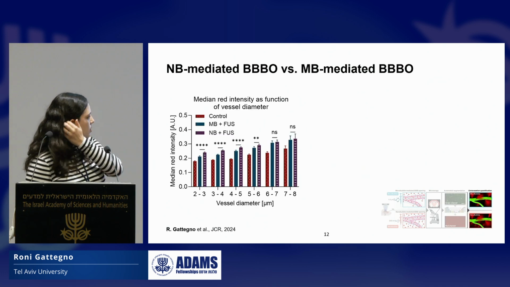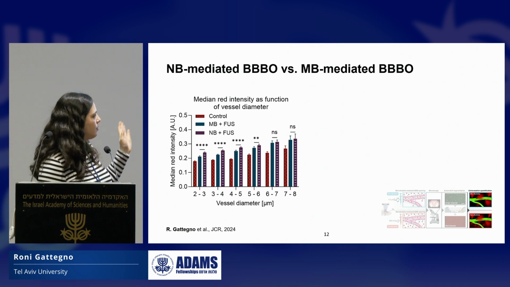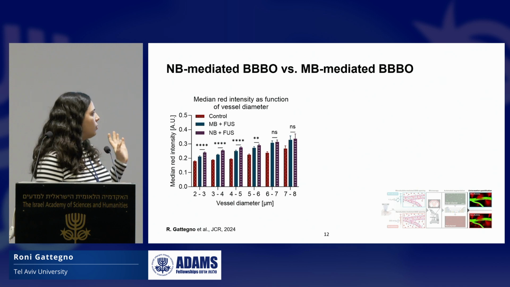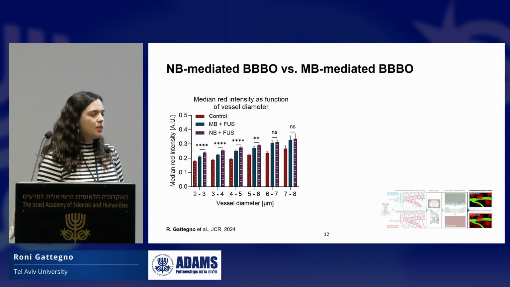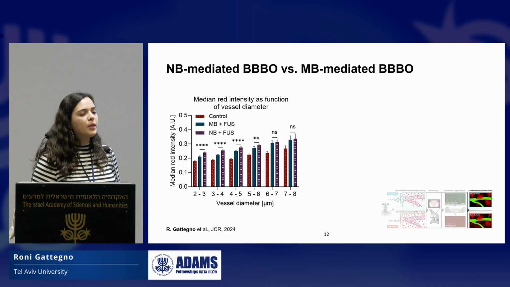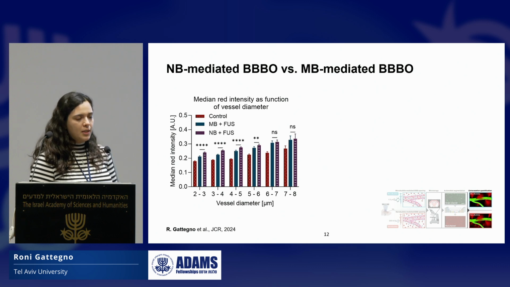And when we compare the results, we compare these median red intensities across different size categories for all the treatment groups. We can see in all categories that there is a significant difference between the control group and the treatment groups. But the more interesting part is the comparison between the treatment groups themselves.